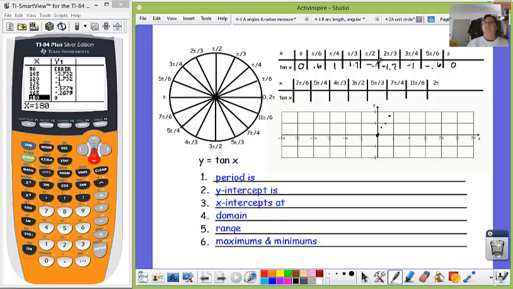But then we have undefined. Folks, the tangent has asymptotes. It has a vertical asymptote at every multiple of pi halves. Every multiple of pi halves is an asymptote for this function. So we have part of it there.